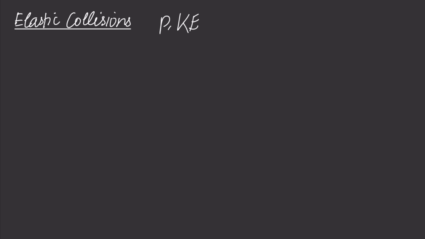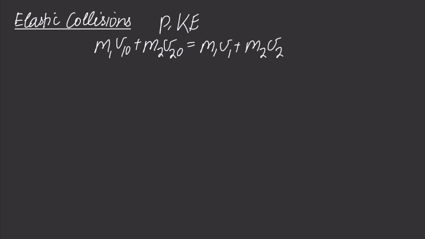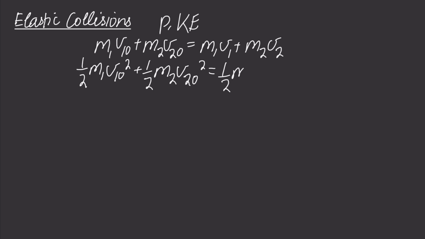We know that linear momentum is always conserved, so we write the equation for conservation of linear momentum, which says that the sum before and after are the same. Now we have another case where kinetic energy is conserved as well, so we write the equation for the conservation of kinetic energy, which says that the sum of the kinetic energies before and after are equal.